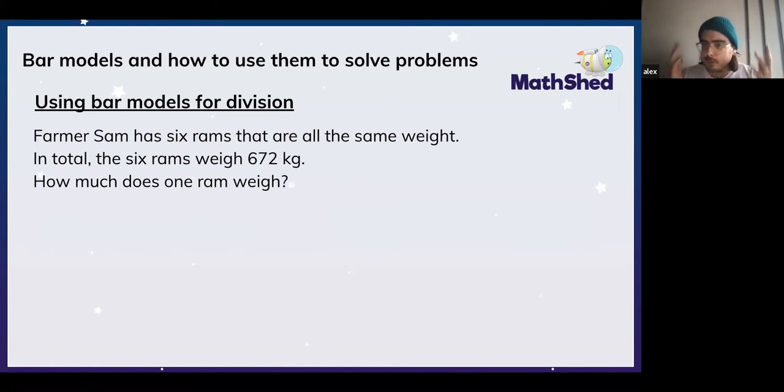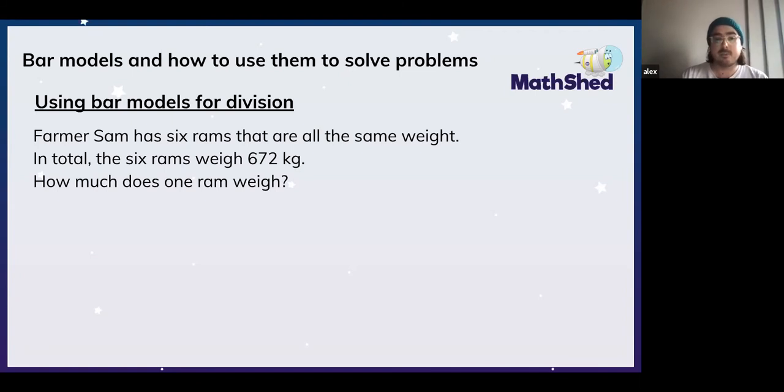Division. Again, we would think through that process, the flow chart. Farmer Sam has 6 rams that are all the same weight. So we know there are 6 things and that they are equal. So because they're equal, it's going to be a division word problem to solve. In total, the 6 rams weigh 672 kilograms.